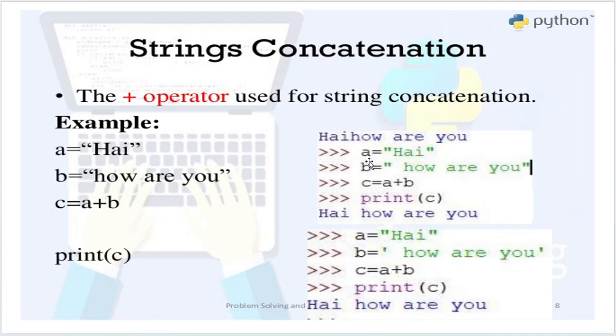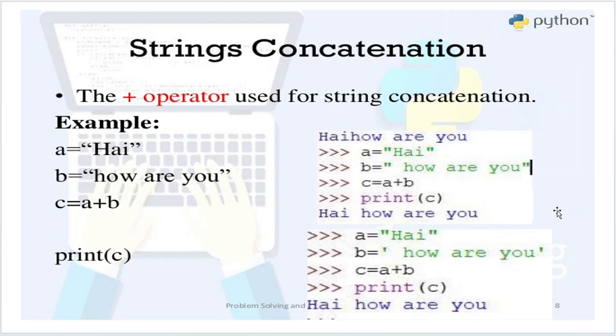If you see here, "hi, how are you", before the "how", a single space is given. So if you want to have a space in the concatenation process, you can give an additional space in front of the second string, which means that in between the "hi" and "how", an additional space will be created.